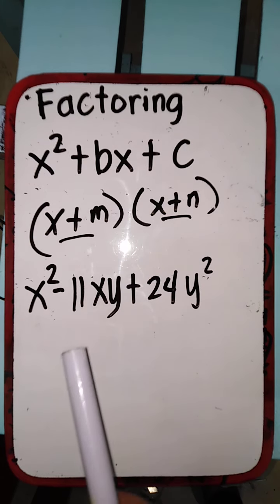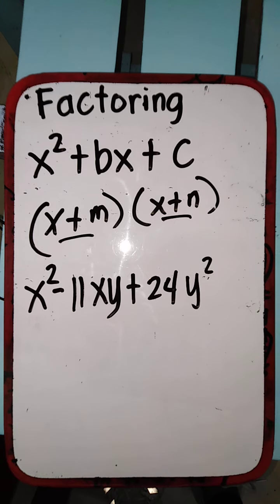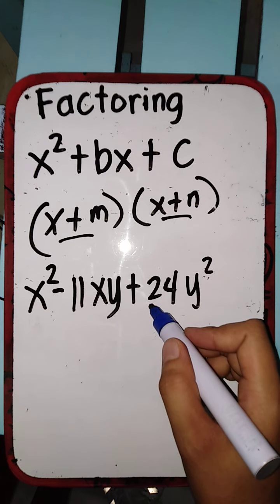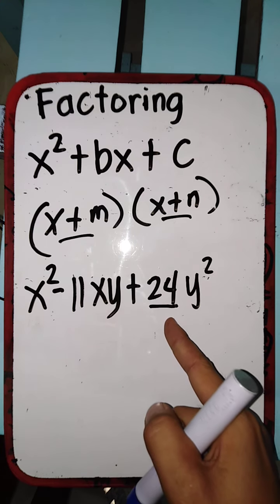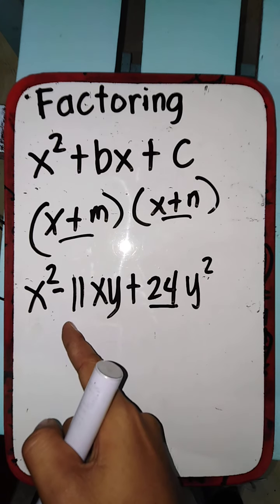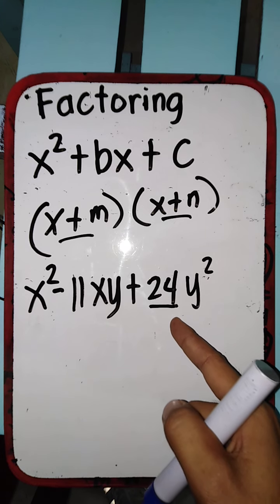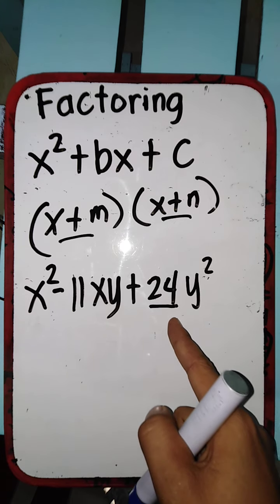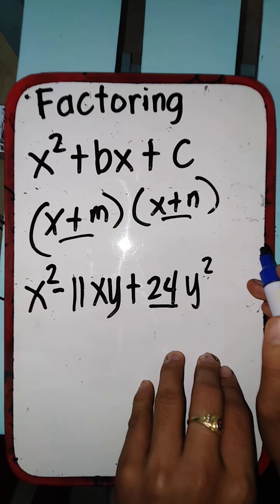Our b is negative 11 and our c is 24. So first, we are going to find the factors of our c, which is 24, whose sum is negative 11. So, let's find the factors of 24.